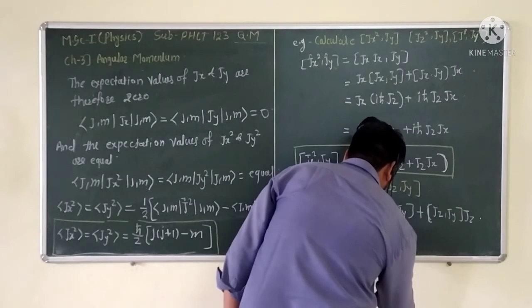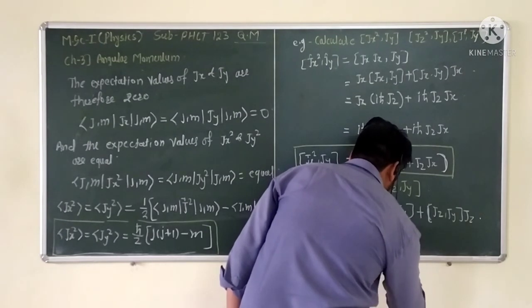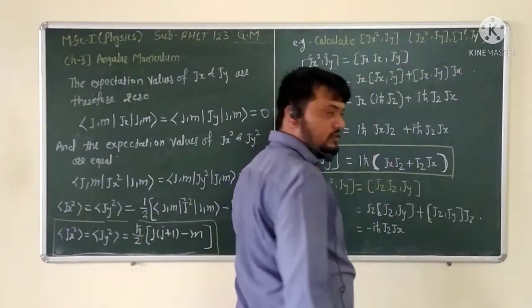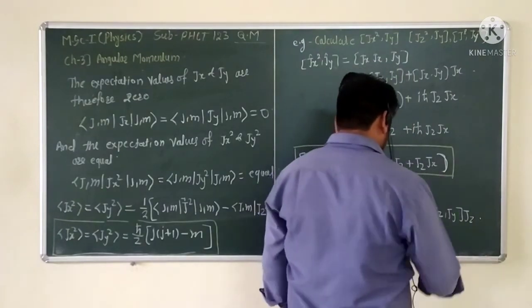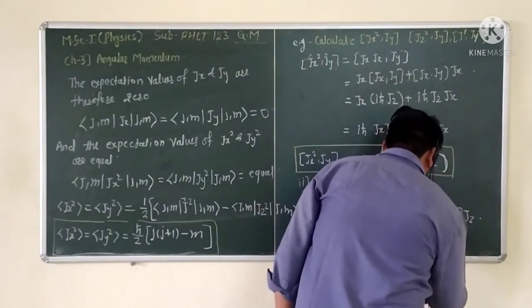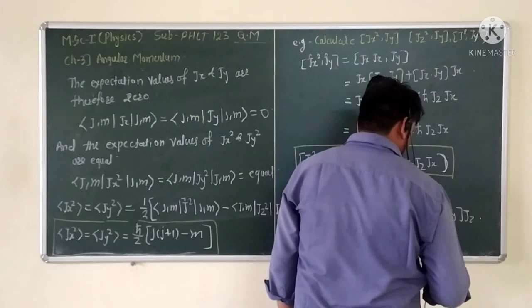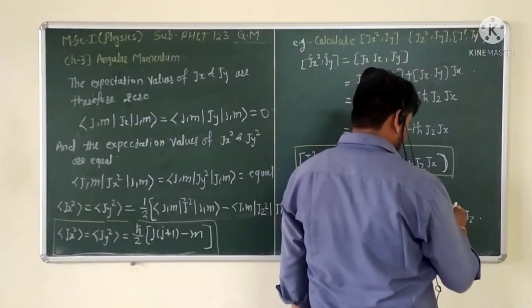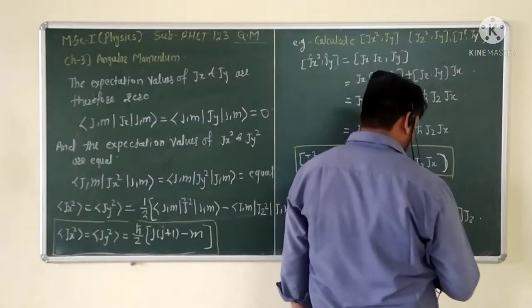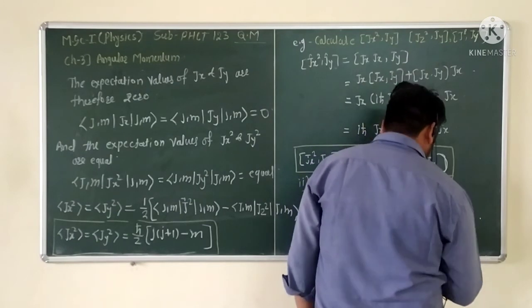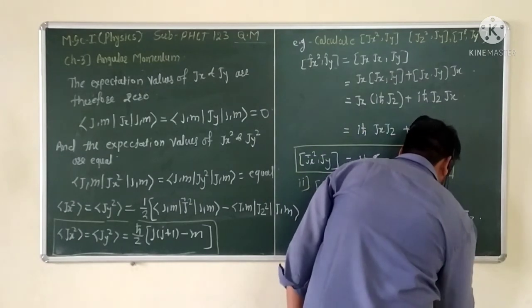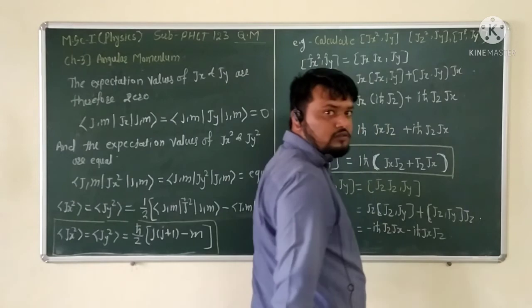This gives minus iħ JzJx, and the next one is minus iħ, since [Jz, Jy] is proportional to Jx, so that is JxJz.